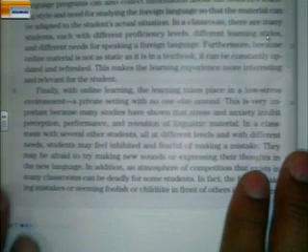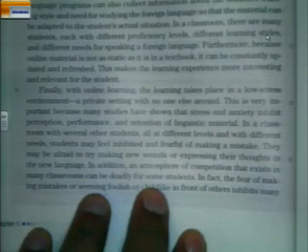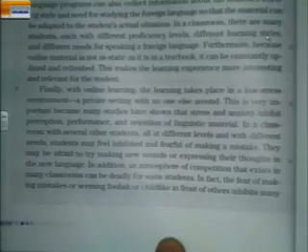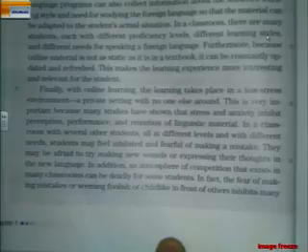Okay, let me just freeze that for you. Okay. Finally, with online learning, notice there's this finally. With online learning, the learning takes place in a low-stress environment, a private setting with no one else around.